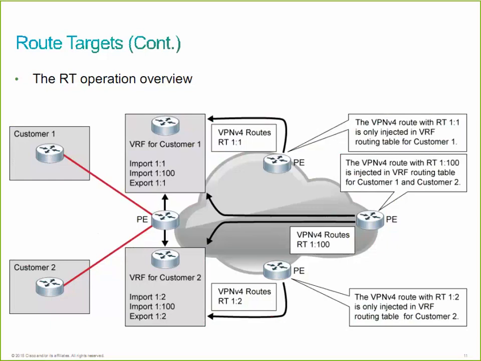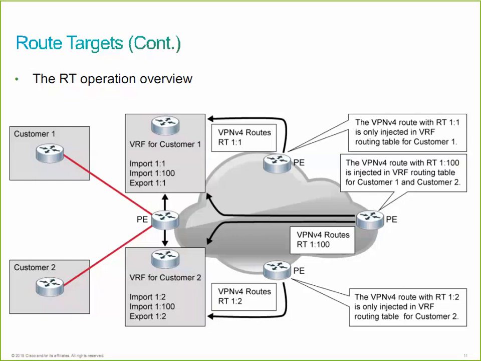So in this example, and I'm going to try and break this down a little bit slower, with a little more detail, so that you can follow along. The PE router is injecting routes received with a route target of 1:1 into the VRF routing table for customer 1.